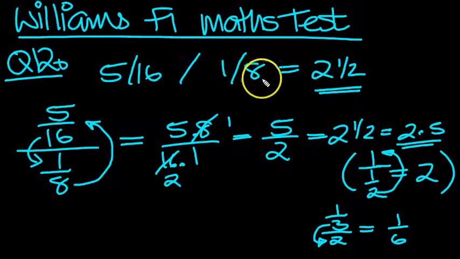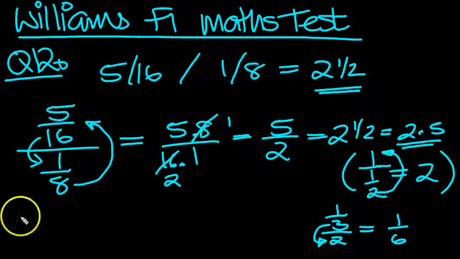5/16 divided by 1/8. If you thought about this in your mind's eye, this is 5/16. If you took that 1/8 to 2/16, you've basically got 5/16 over 2/16. So you can think about it like that as well.